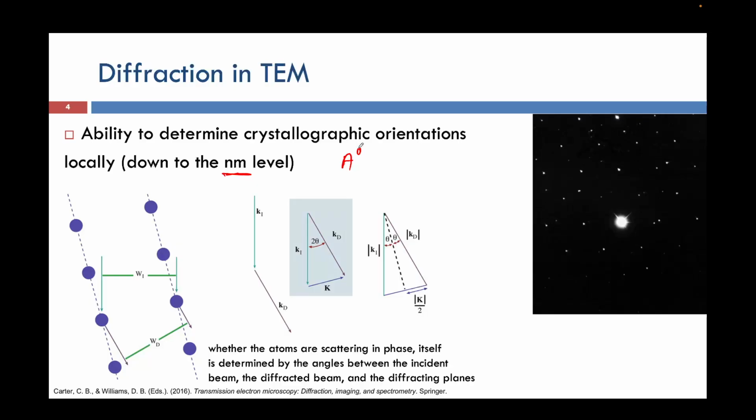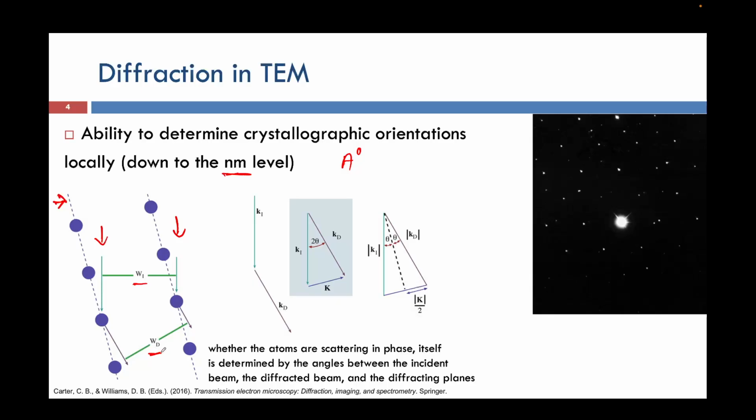First of all, we should know how the diffraction is taking place. Looking at this image, the atoms are situated in planes, and the distance between them, the interplanar spacing, is d. The incident wave vector is wi and the diffracted one is wd.